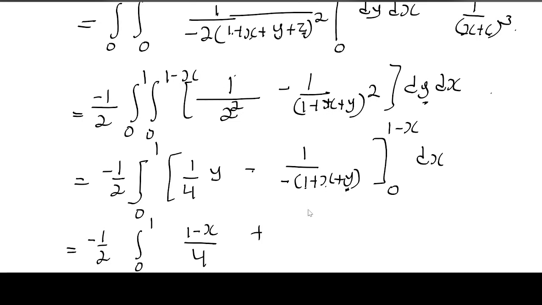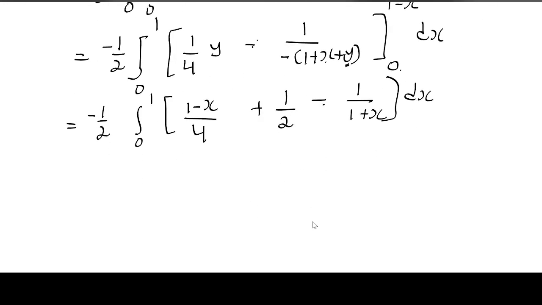We'll get 1 plus 1, that will be 2. So 1 by 2 minus, this becomes plus. Again this minus comes when I'm substituting the lower limit. So when I substitute y as 0, it becomes 1 by (1 plus x). I have to further integrate with respect to x, so dx.